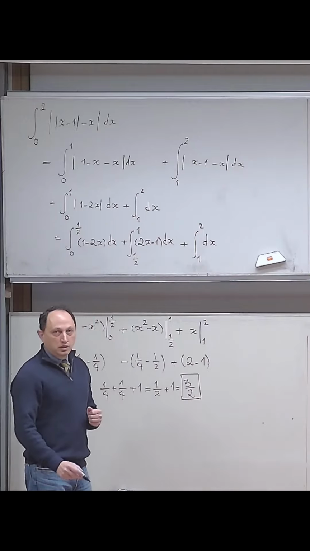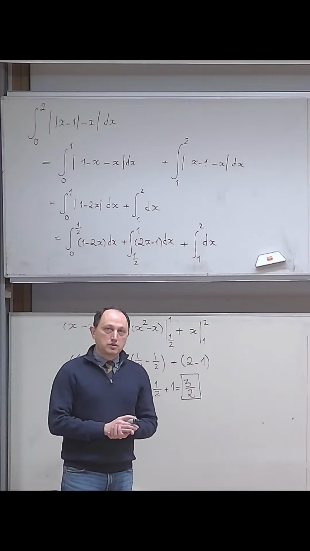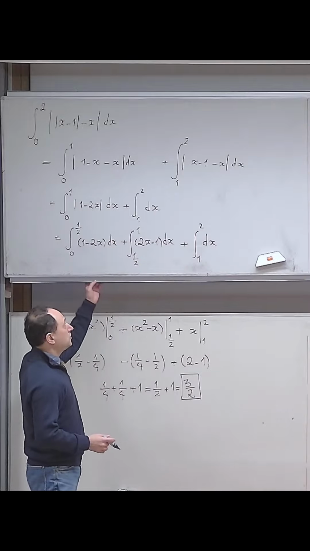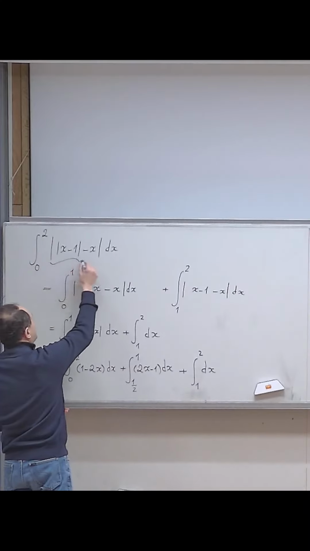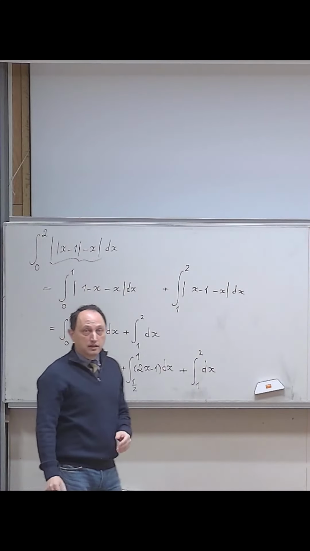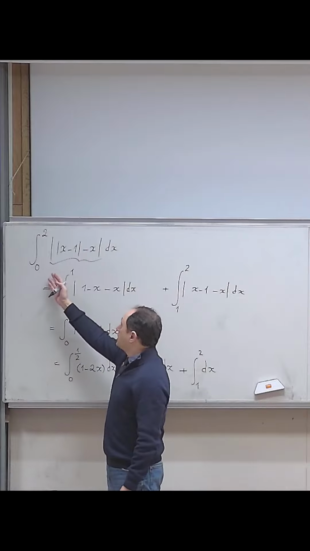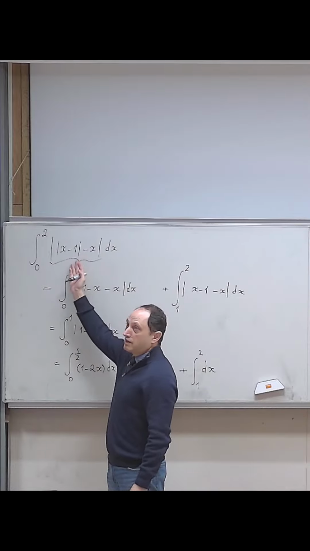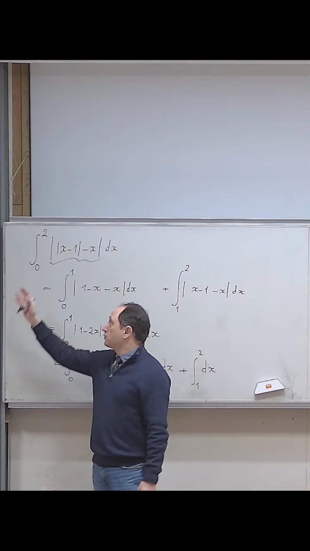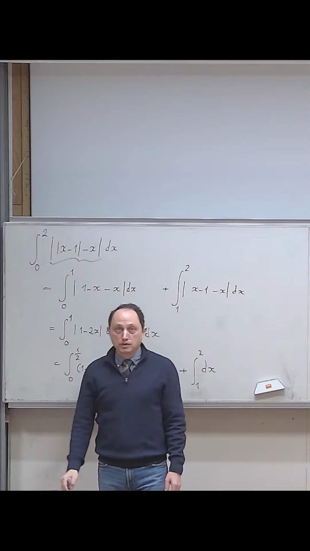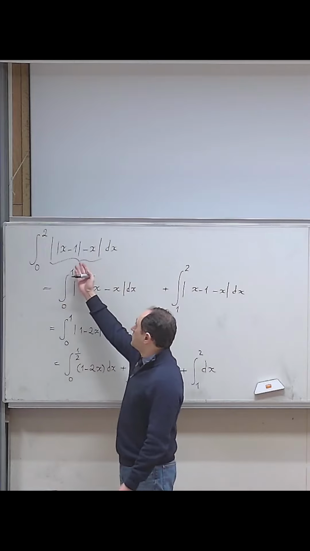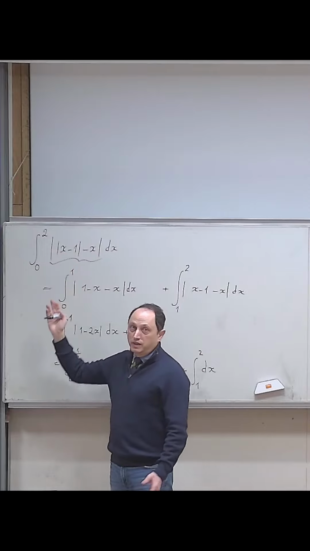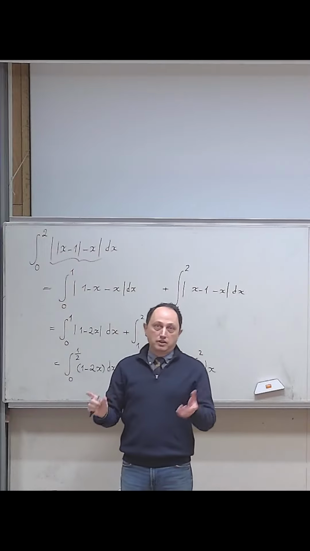Okay, this is an analytic way of solving the problem. Another alternative way to solve the problem is to try to draw the graph of this function and then highlight the region enclosed between the graph of the function and the x-axis within the interval from 0 to 2, and then find the area, because the graph of this function will consist of just lines.